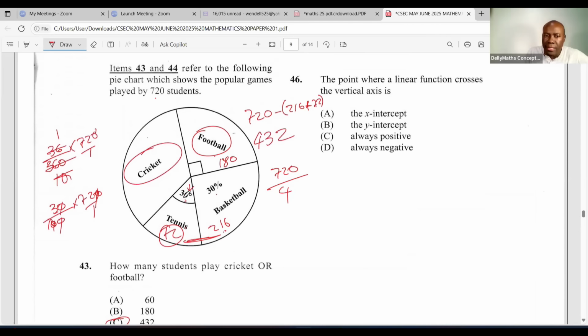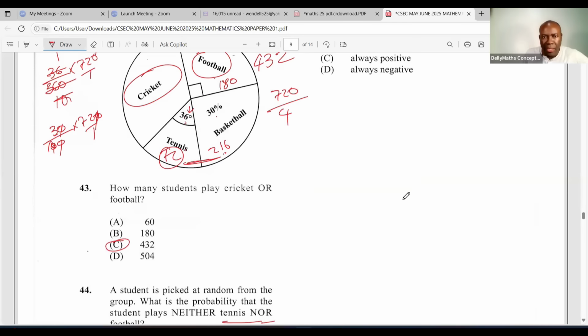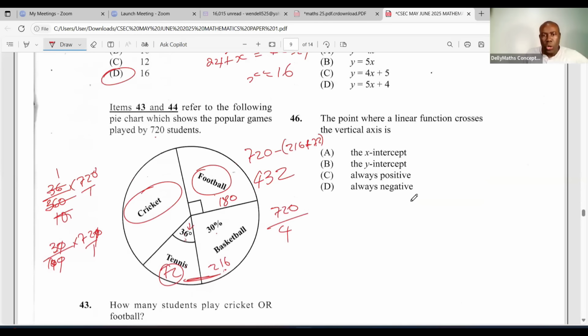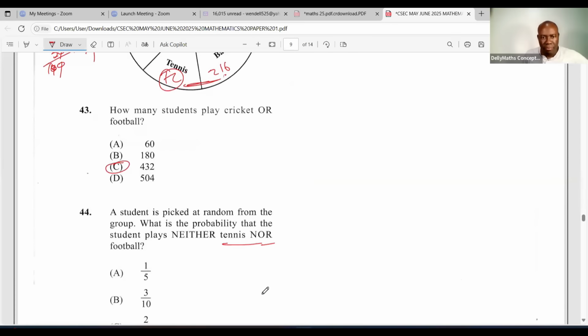So if they don't play this, that means they're playing the others. They don't play tennis nor football, which means they would have played the other things. So let us add this here.